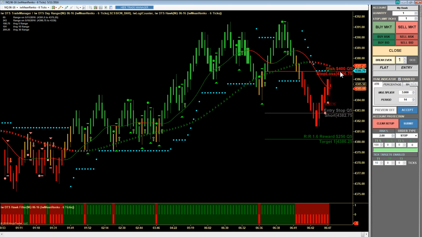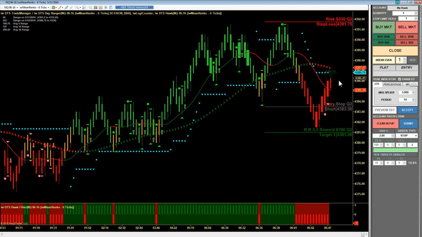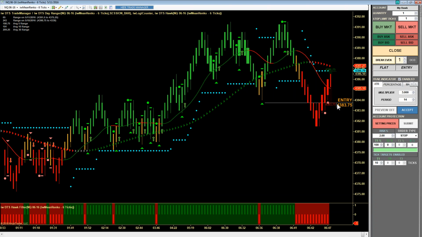Now don't freak out because this is based on my account. It may seem more or less to you, but if I put a wider stop, notice the risk amount stays the same. So if I run a really tight stop, let me put it there. There's a little bit of a rounding issue going on. All right, still $400.